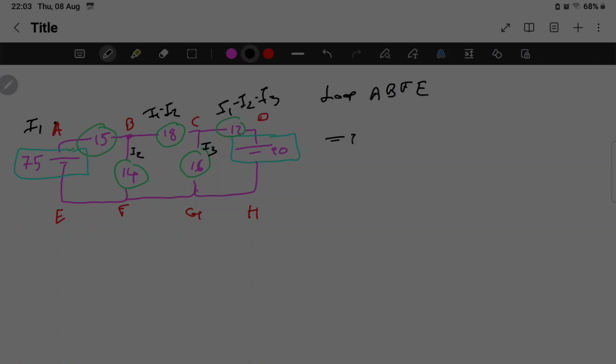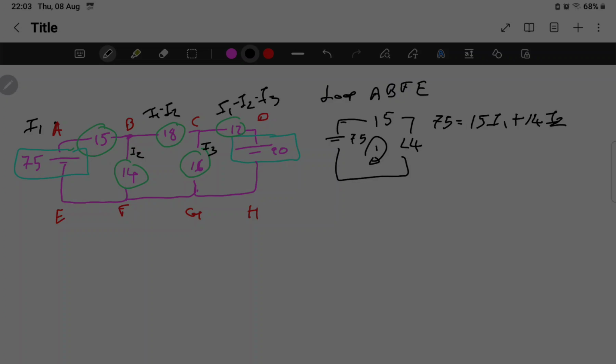We're going to have 75, 15, 14, and that's basically our first system. And then we have our equation of 75 equals 15 I1 plus 14 I2.